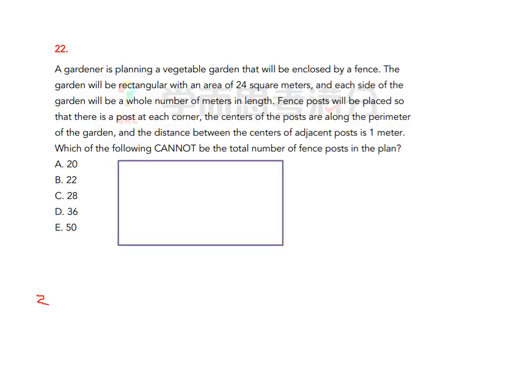Okay, so the area is 24 square meters and we need to place posts that are 1 meter apart. And remember that those posts are adjacent. Let's see how we can do it. Suppose there are some posts drawn along the vertical lines and the horizontal lines, and the whole garden fence will be full of posts like that.